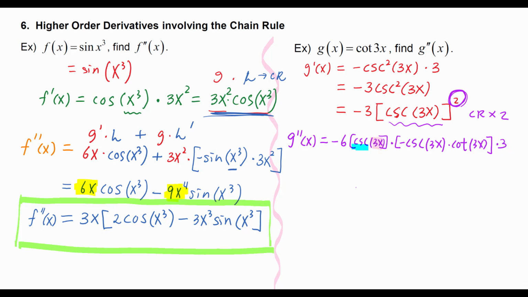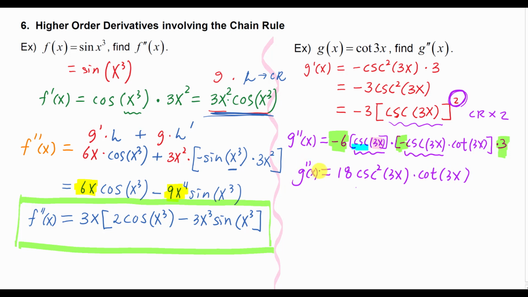So now my final answer is, let's see, I have a negative 6, there's another negative 1 factor, and there's a positive 3. When you multiply those 3, I get positive 18. And you have cosecant of 3x and cosecant of 3x, that is cosecant square of 3x. And you have one factor of cotangent of 3x, and that is your g double prime of x.